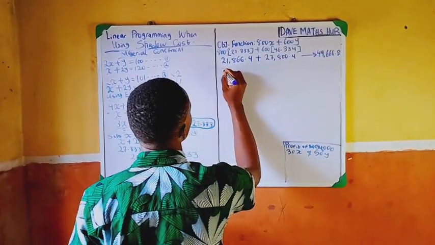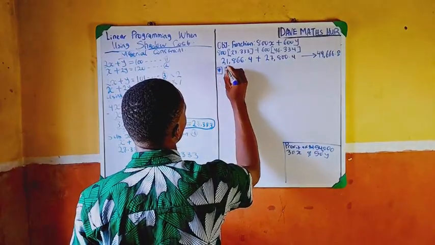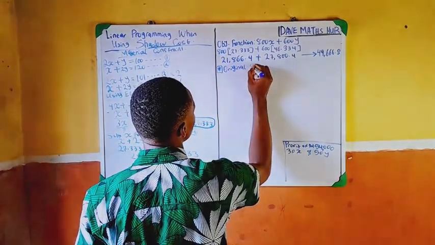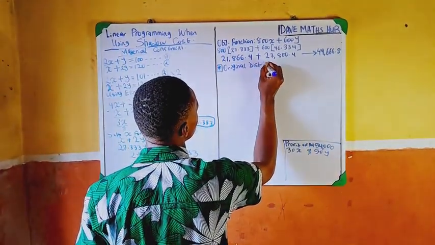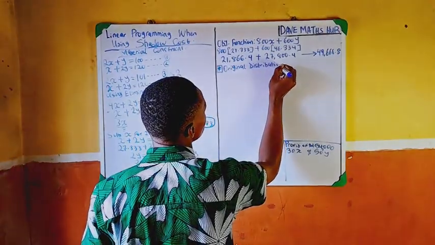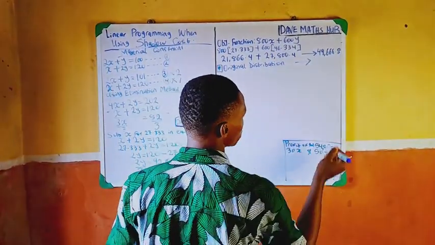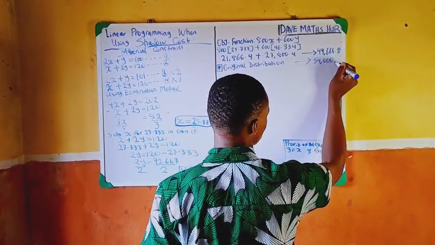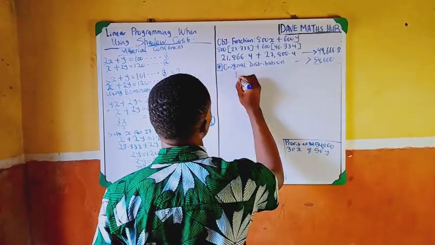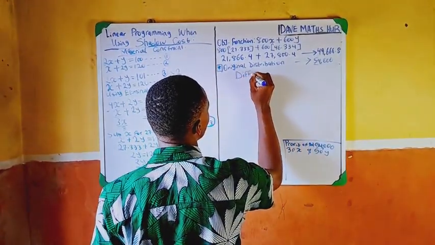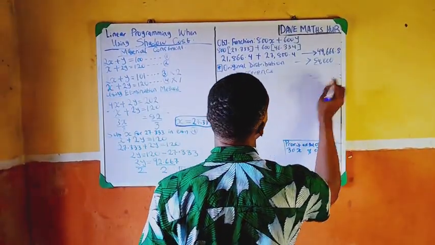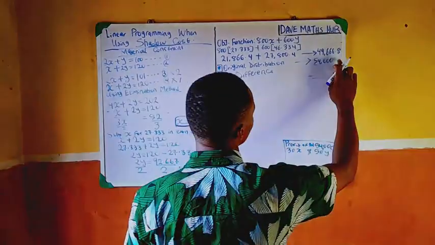49,666.8. Comparing it with the original distribution, which is 54,000. So what can we say about the difference? Using the original distribution, you had 54,000.